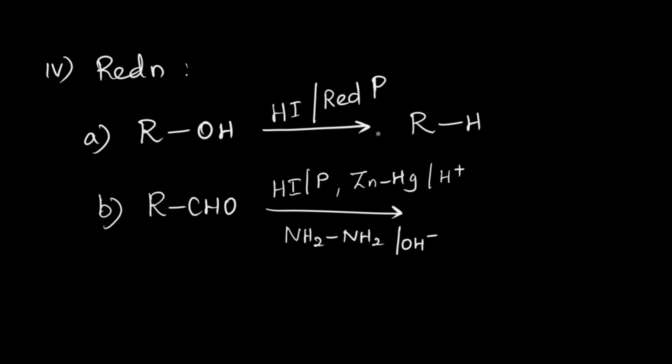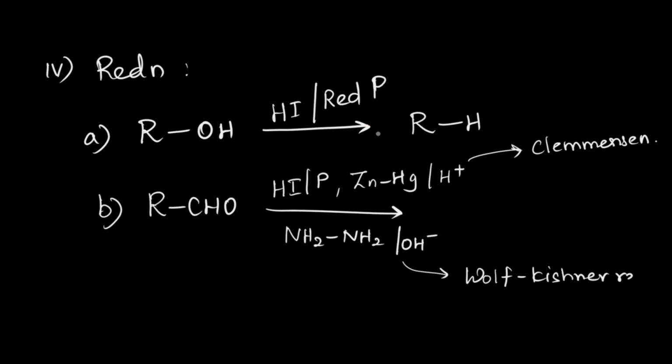So zinc amalgam with acid condition is referred to as Clemmensen reduction, and if you are using hydrazine with a basic condition, then the reaction is referred to as Wolff-Kishner reduction. Okay, so I told you, aldehyde chapter, we will see that. Here the formation of RCH3.